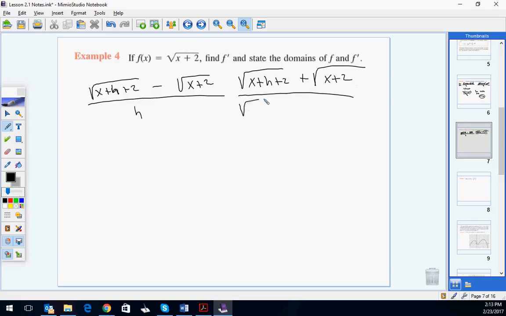We're multiplying this top and bottom because it's the conjugate. So that's going to give me on the top that. The bottom we're not going to touch.